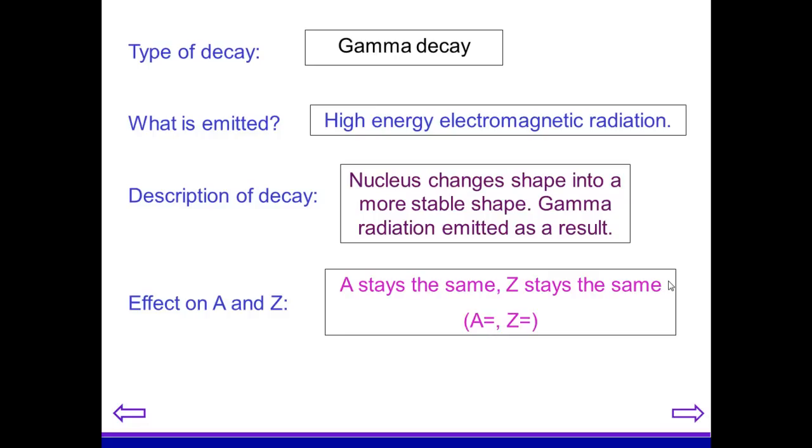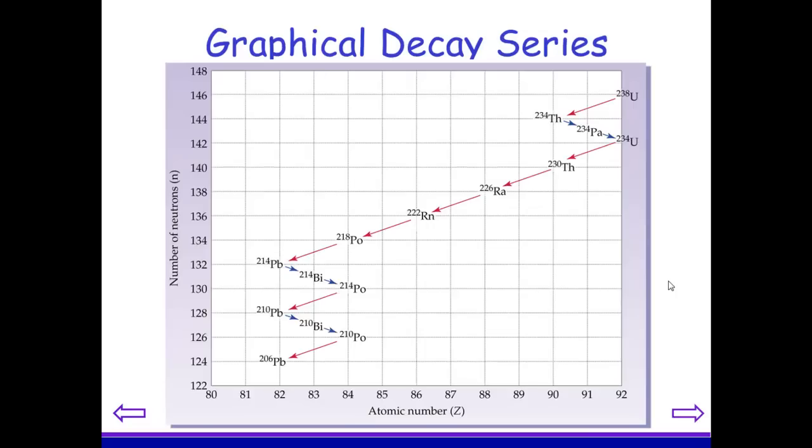There's no change whatsoever, but energy is released from the situation. So those are 3 examples: alpha, beta and gamma. Later on, when we think about beta radiation, I'll consider an alternative, but just for now I'm going to move on past that. Now, one of the ways we can show this change is by looking at things graphically.